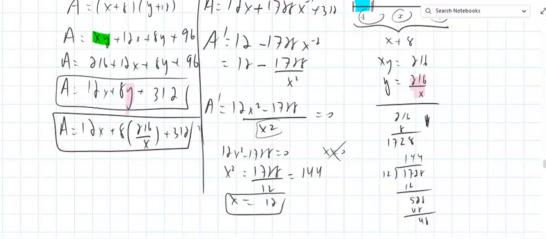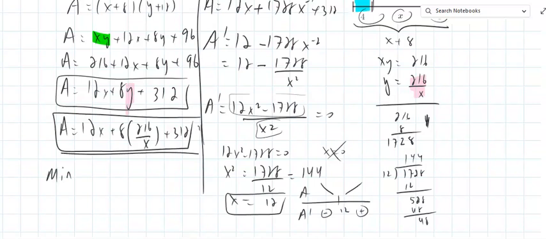We're going to take 12 only. For A prime, if I pick a point to the left, say 1, 12 minus 1728 is negative. And if I pick 13, that's going to be positive. So we have a minimum area when x is 12.